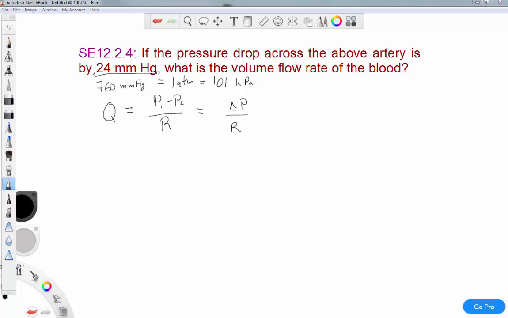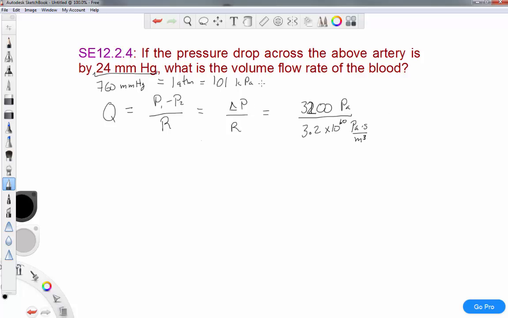So what this means is that 24 millimeters of mercury is actually more like 3,200 pascals. And we divide that by the resistance that we just found, which was 3.2 times 10 to the 10, in Pascal seconds per cubic meter.